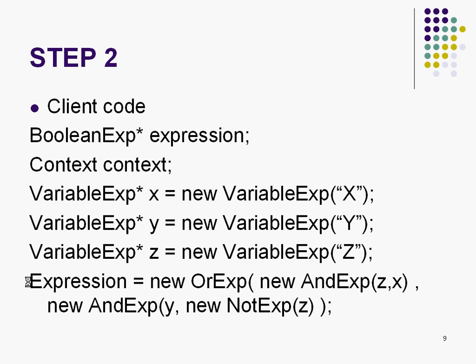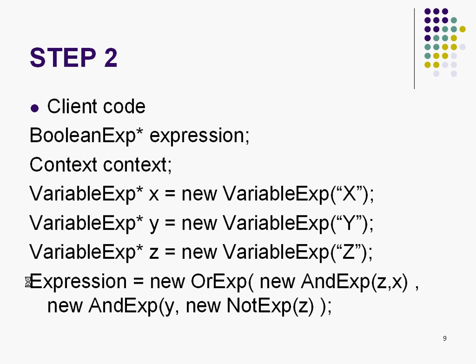For each of these variables, I create an object called variable exp. The constructor of this takes this character x and stores the name x in _name. Again, for the y variable, I create a variable exp object, because each of the variables is going to be represented by one variable exp object.